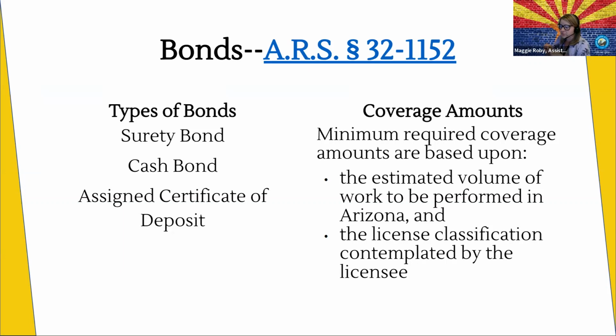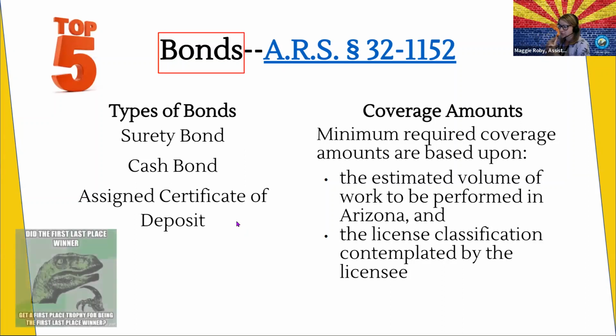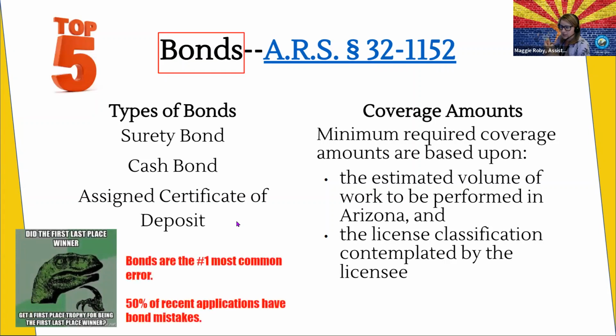With those bonds, each license is required to have a minimum coverage. That minimum coverage is based on your estimated volume of work that you plan to perform in Arizona. It's also going to be based on your license classification. So two things that you need to keep in mind, your estimated volume of work and your classification.